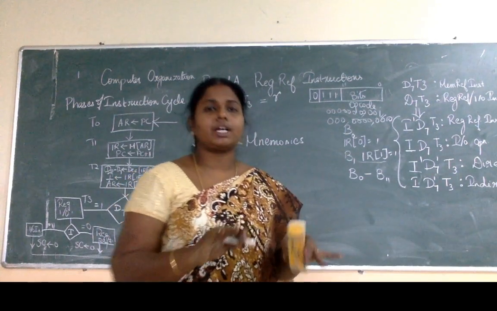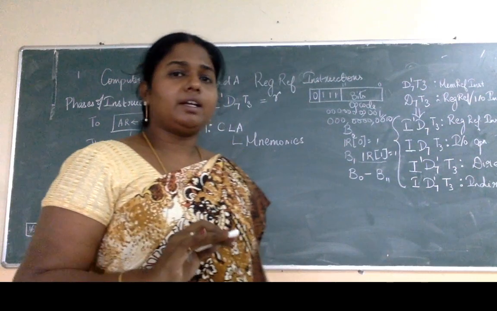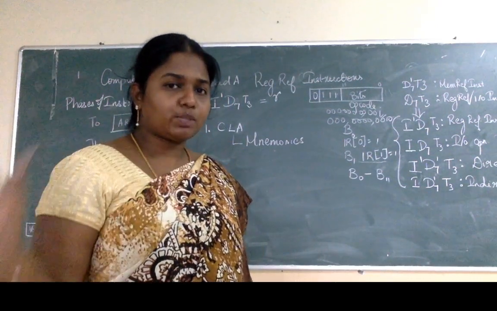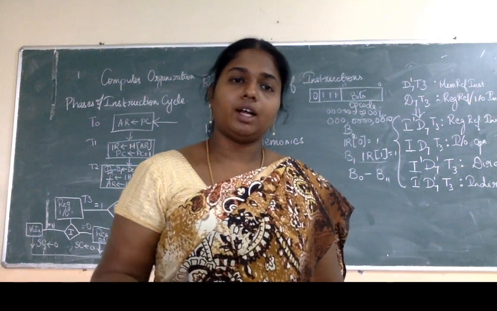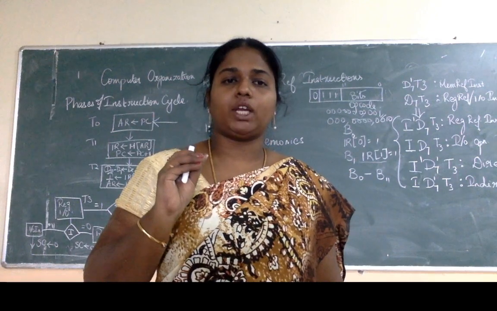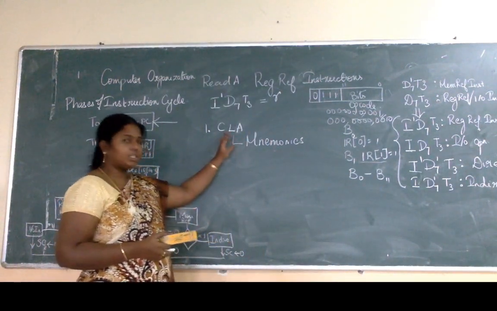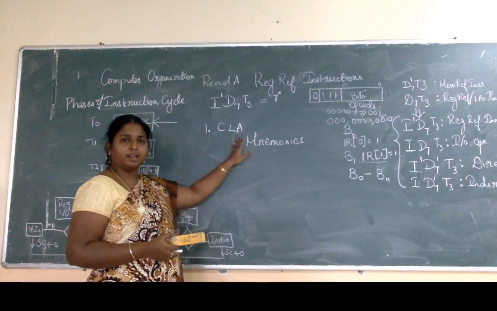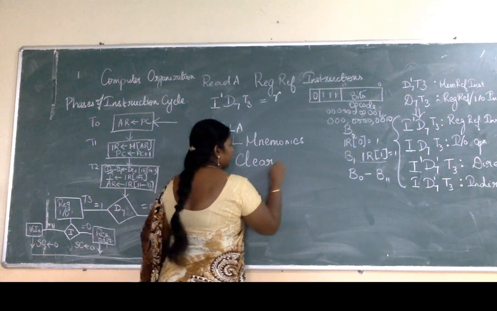All the instructions are going to be represented using symbols, and I can either specify an operand to go along with the mnemonic, or I can indicate the operand as part of the mnemonic itself. Here in this example, I have mentioned CLA. CLA means to clear the accumulator.